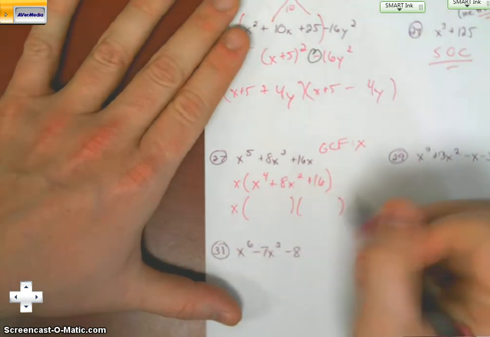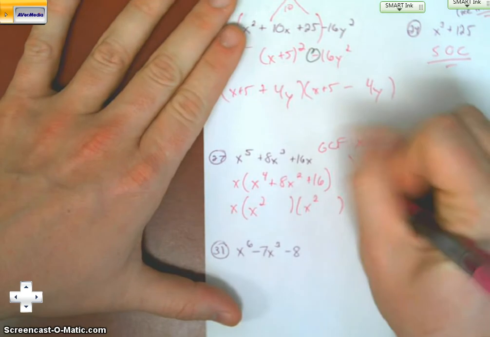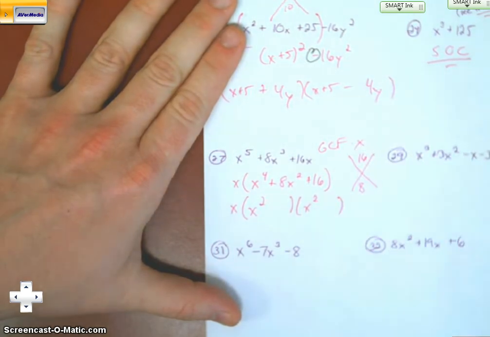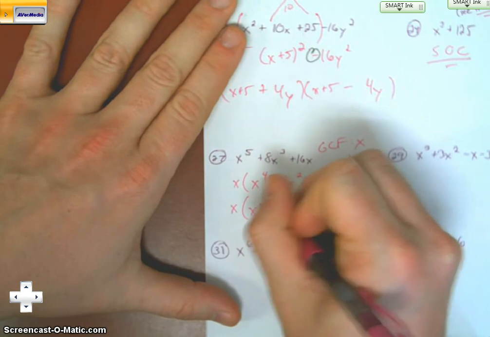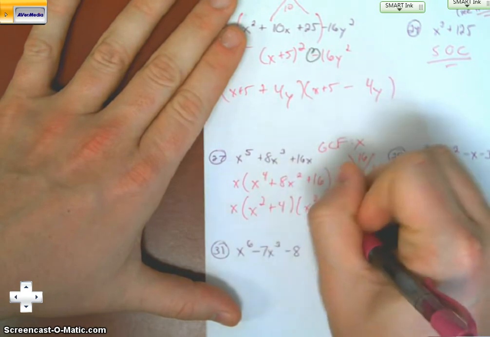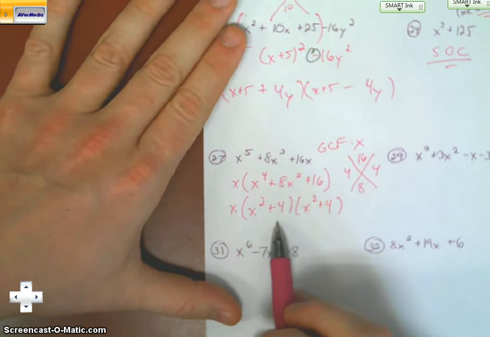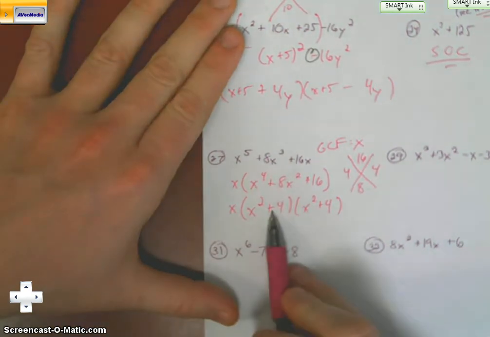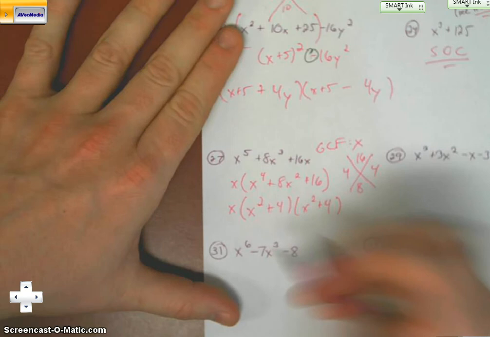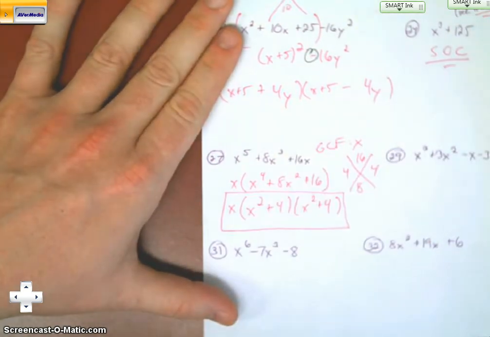Well, it's going to give me that x to the fourth in the F spots, x squared and x squared. What multiplies to make 16 and adds to make 8? 4 and 4. Please do not be tempted to take this further. Why? Because that is a plus sign and not a minus sign. We cannot factor sum of perfect squares.